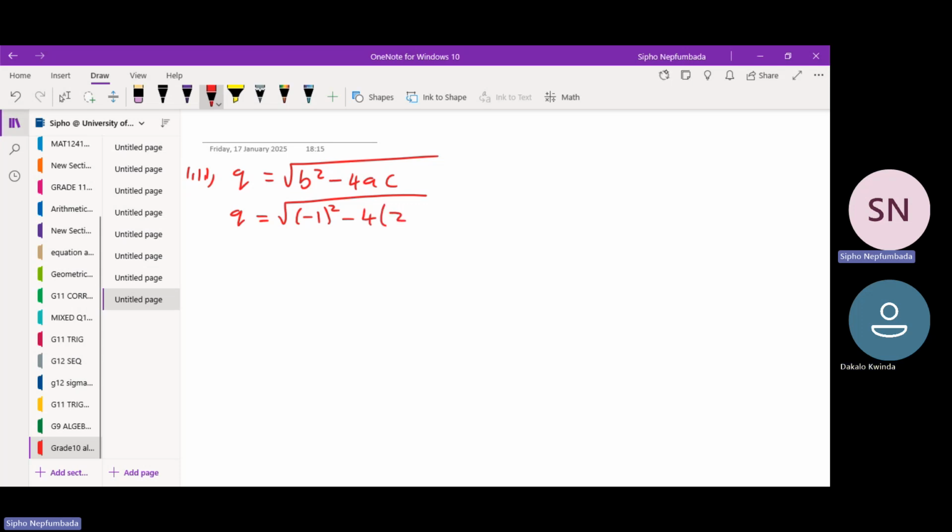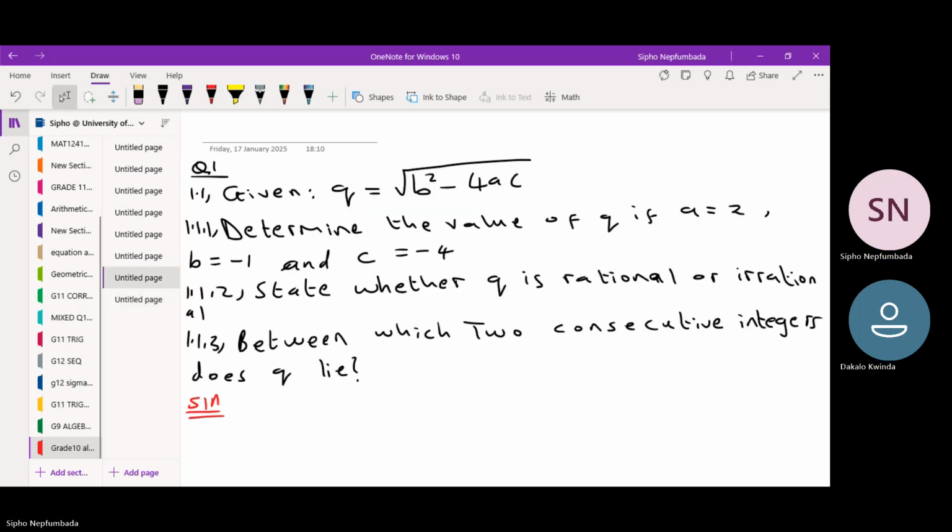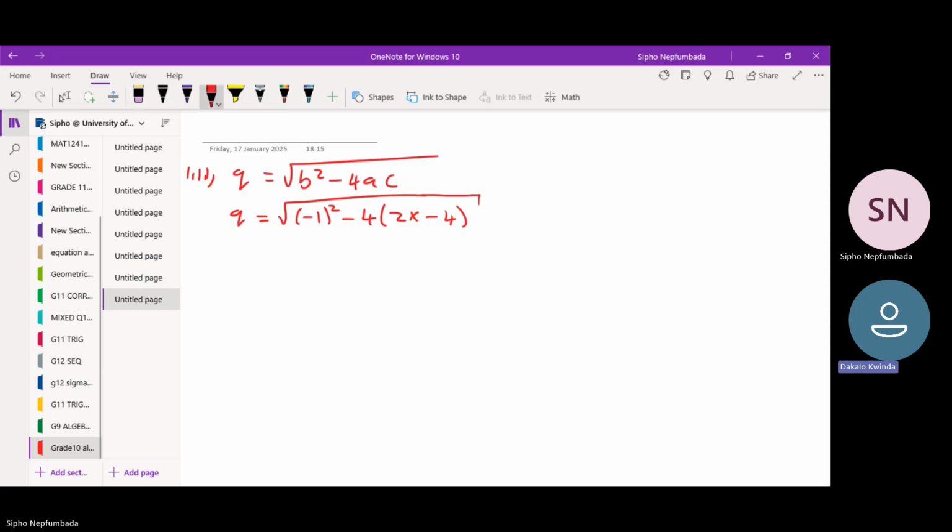Our A we said is 2, and our C is minus 4, times C. You can even put them in brackets if you don't mind brackets. Therefore, our Q will be equal to.